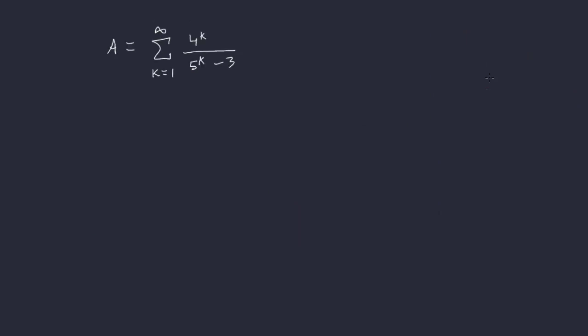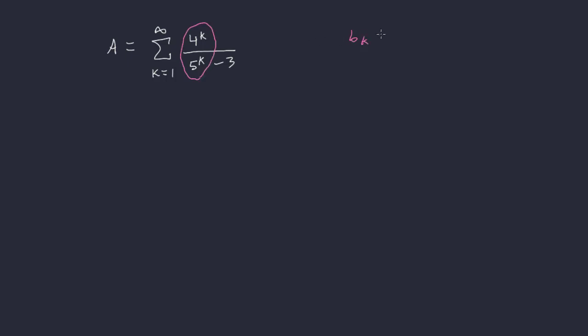All right, so let's look at this next series, the series k going from 1 to infinity of 4 to the k over 5 to the k minus 3. Again, like before, these aren't powers of k, but it's still the same idea. I'm going to take these two and let that be my bk.